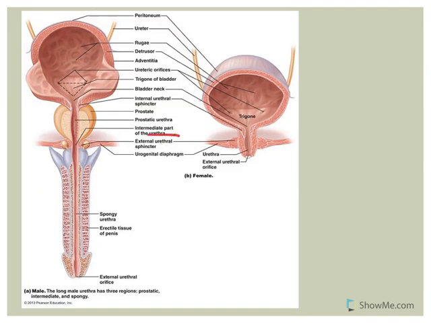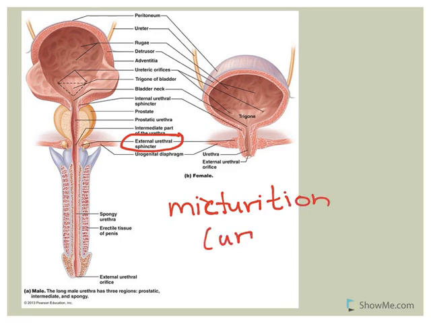And it also innervates the external urethral sphincter, and it's showing you in the male and the female. Male on the left, the female on the right. This is involved in, the fancy term is called micturition, M-I-C-T-U-R-I-T-I-O-N, which is pretty much urination.